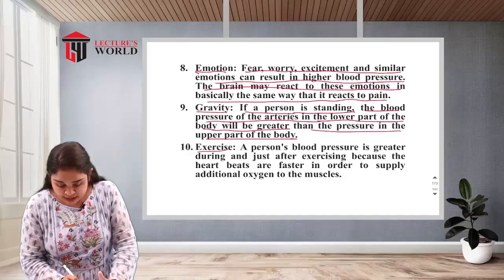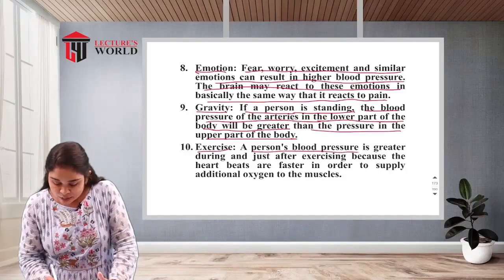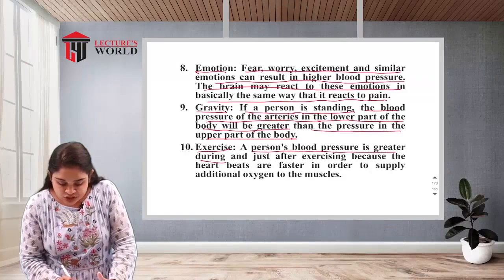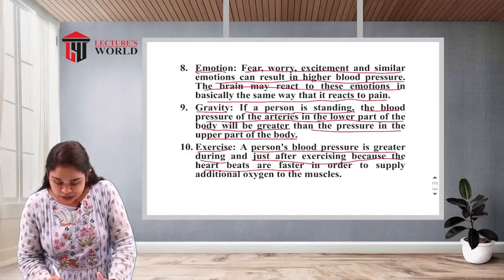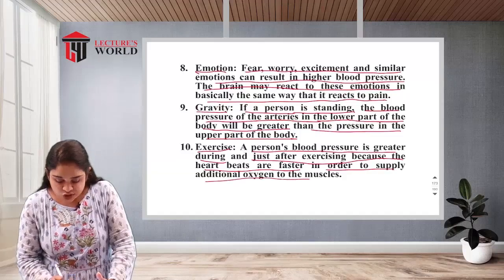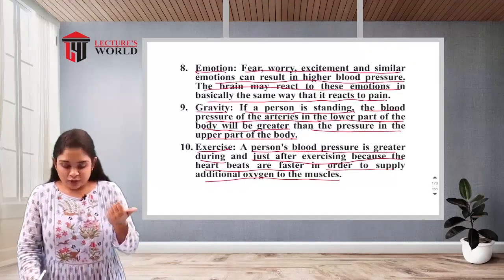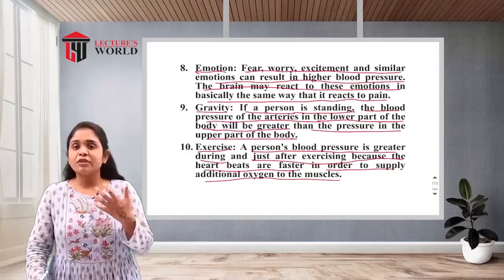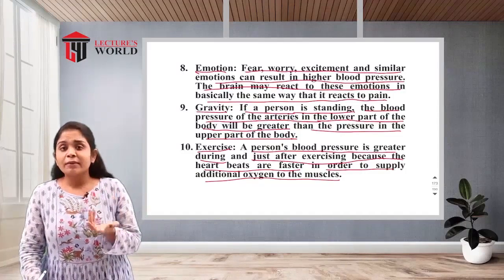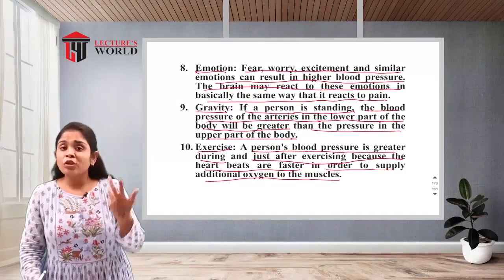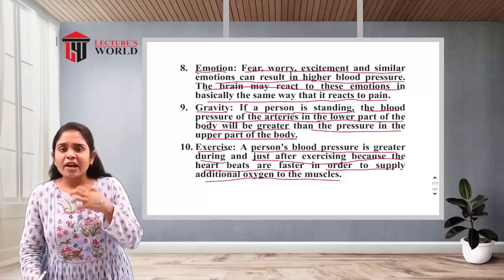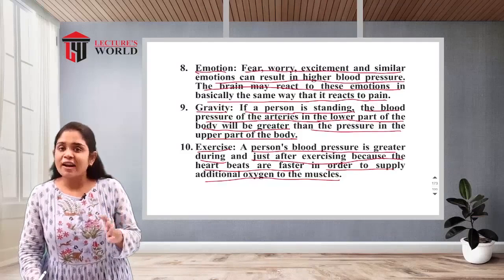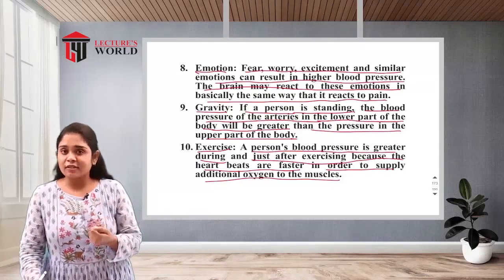Then after that, exercise. A person's blood pressure is greater during and just after exercise, because the heartbeat is faster in order to supply additional oxygen to the muscles. If you are exercising, the muscles need more oxygen, because all the energy we have consumed has been used as energy while doing the extra exercise.